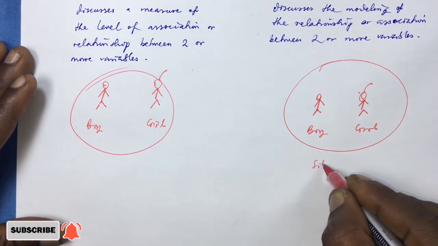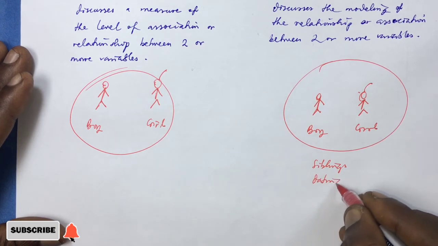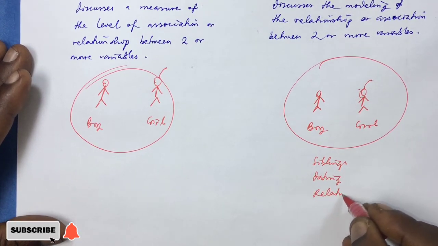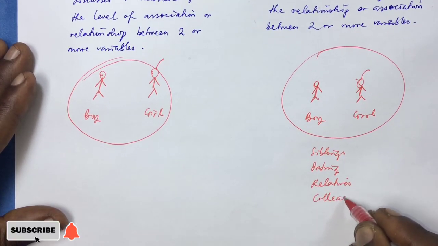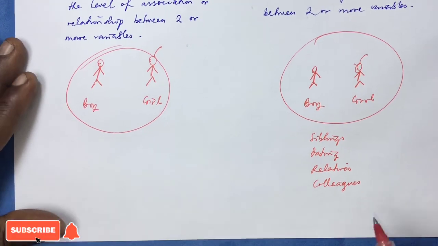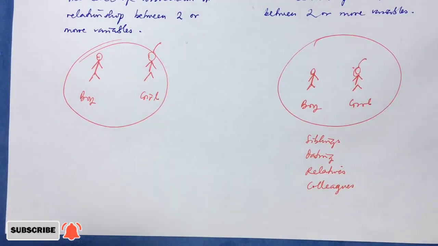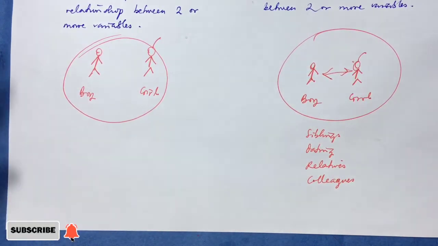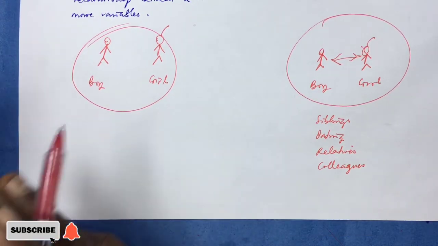Are they siblings? Are they dating? Or are they relatives? Or are they colleagues? So, it is in regression we answer the question, what kind of relationship exists between this boy and this girl? But it is in correlation we answer the question, are they related?